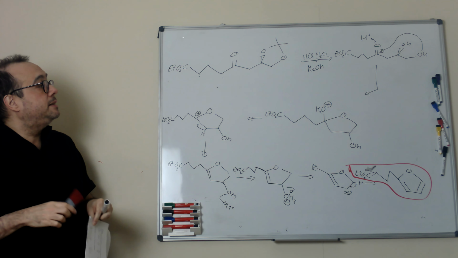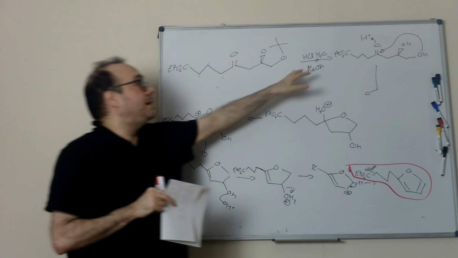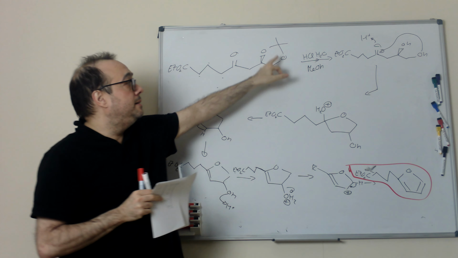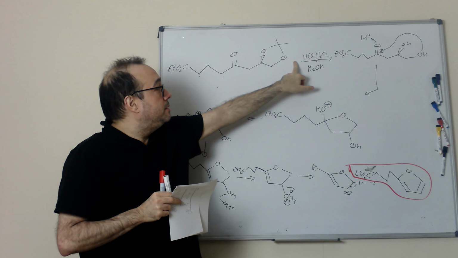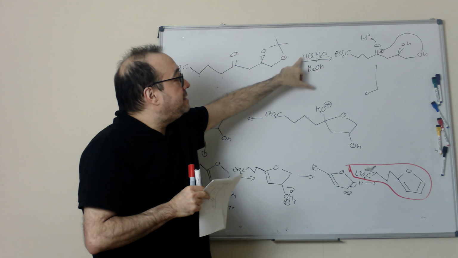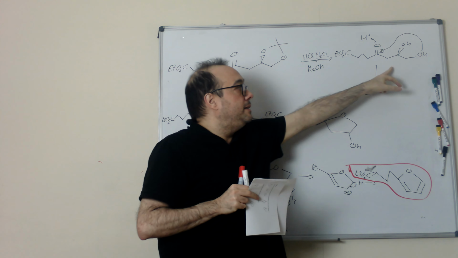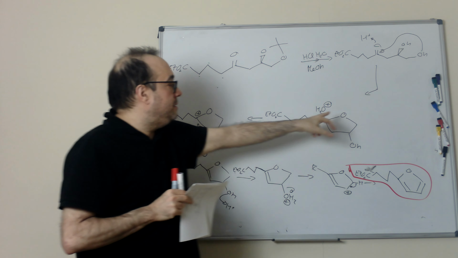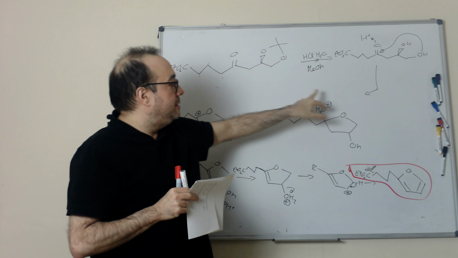Again, what I did is we have to check the functionality that we have and check what reaction we can do with the reaction conditions. In this case, we have an acetal with HCl and water. We remove the acetal to form the diol. When we have the diol, this can react intramolecularly to form this hemiacetal.